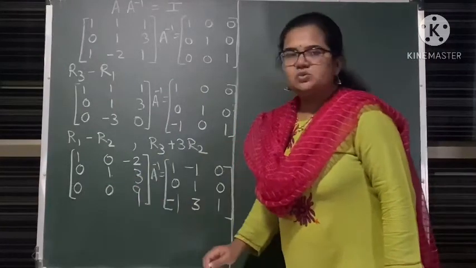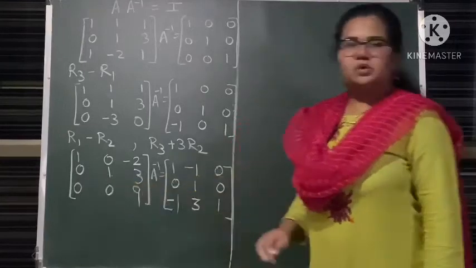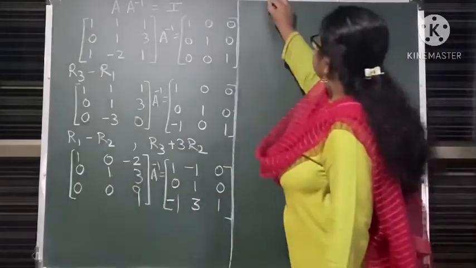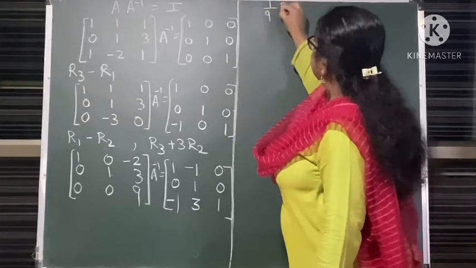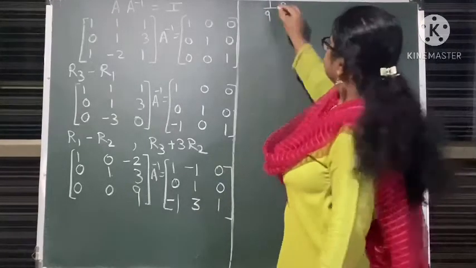Now you have to make this one. So ultimately you have to divide the row 3 by 9. So 1 by 9 into R3 will be your operation. Okay.